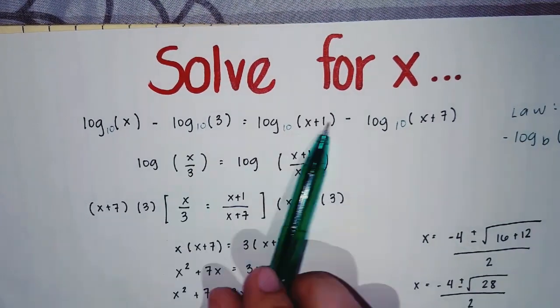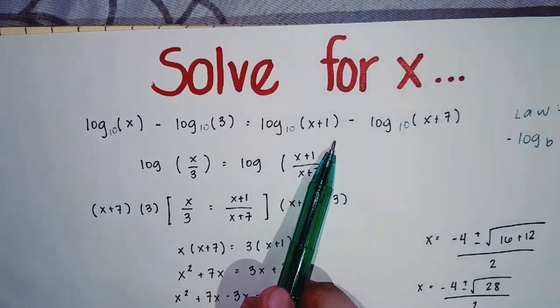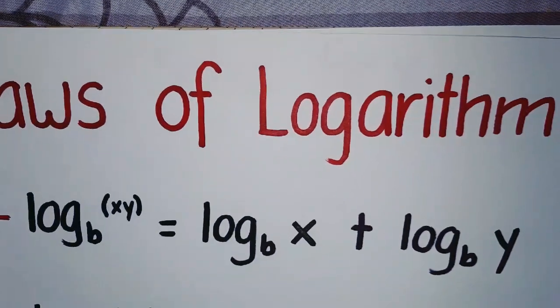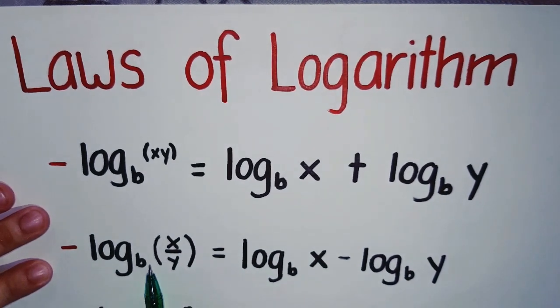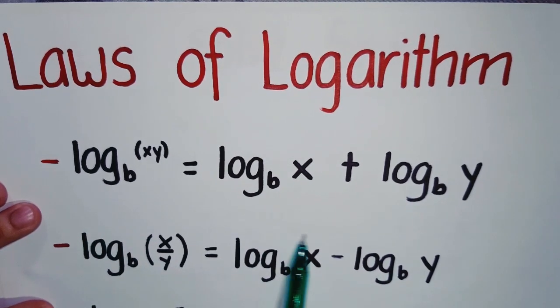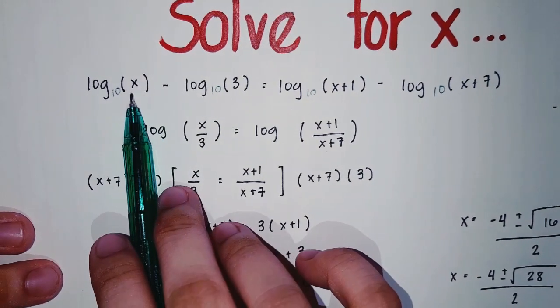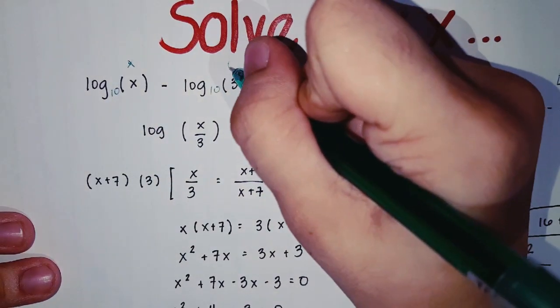This second example is different from the first one. Here, we are going to use the laws of logarithm. Going back, these are the laws of logarithm. This law is for positive and this law is for negative, so obviously we are going to use this law. In this example, this is our x and this is our y.